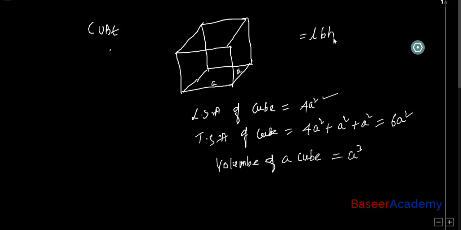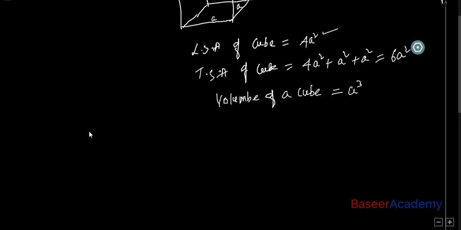Here, length, breadth, and height in a cube are all equal. So this is a, this is a, and this is a. So a into a into a is a cube. You don't really have to learn the formulae for a cube by heart. It's all easy, right?